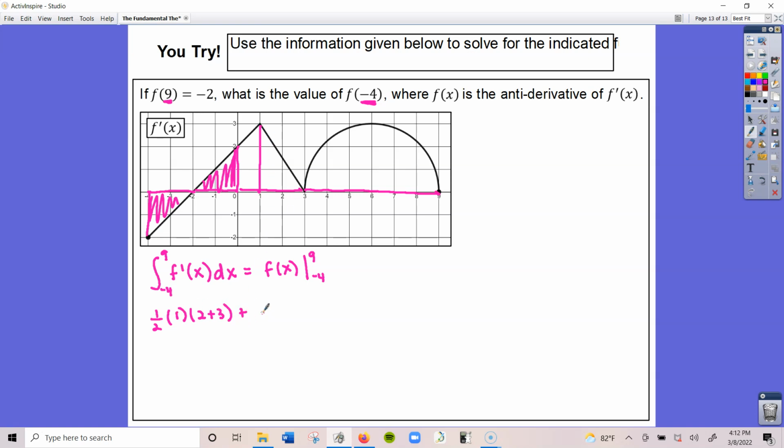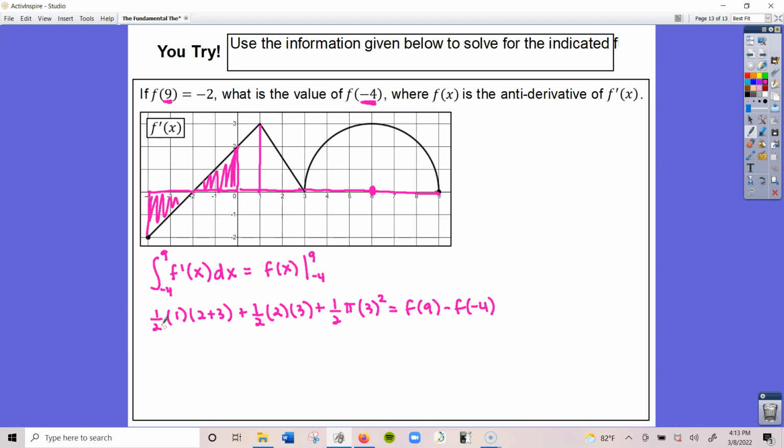Plus triangle, 1/2, base, which is 2, and then the height, which is 3, plus semicircle, 1/2 pi. This is the center of the circle, so the radius is 3 squared. And that's going to equal f of 9 minus f of negative 4.